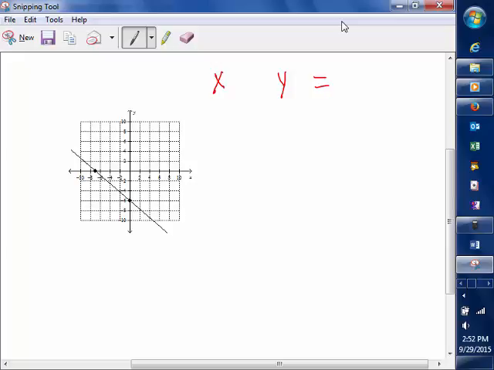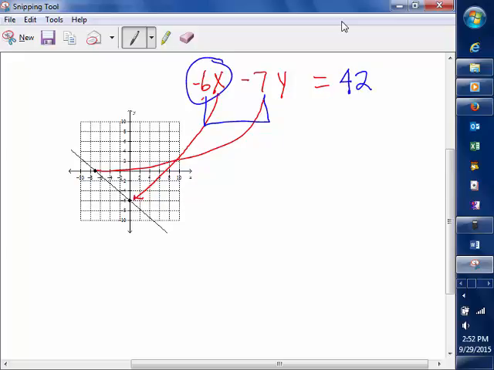Well, the x coefficient matches the y's intercept, the y's coefficient matches the x's intercept. And so to find the answer, you would multiply those two together and get 42.